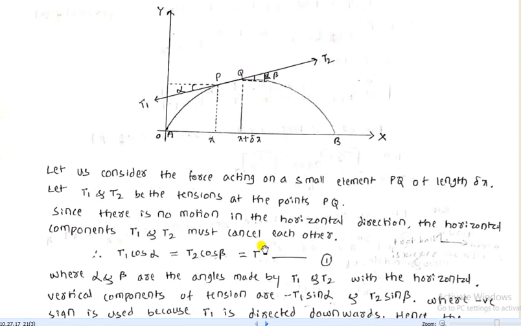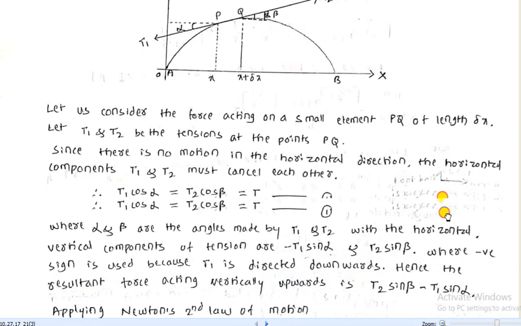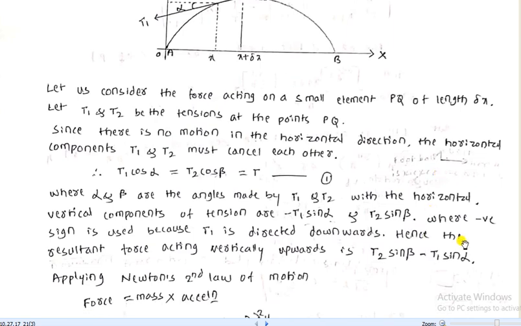We already discussed that the minus sign denotes T1 is in the lower direction and T2 is in the upward direction, therefore the signs become minus T1 sin alpha and plus T2 sin beta. Hence the resultant force acting vertically upward is T2 sin beta minus T1 sin alpha.